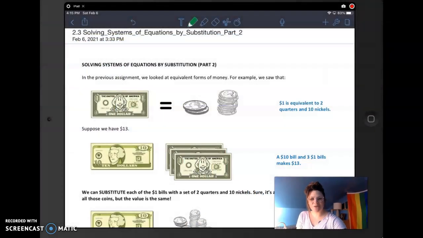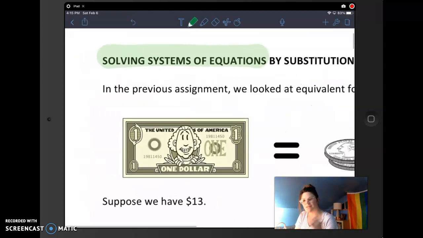All right, so as you can see, we're still doing solving systems of equations. A solution for a system of equations is always a point, so our answers are still going to be points. That has not changed.